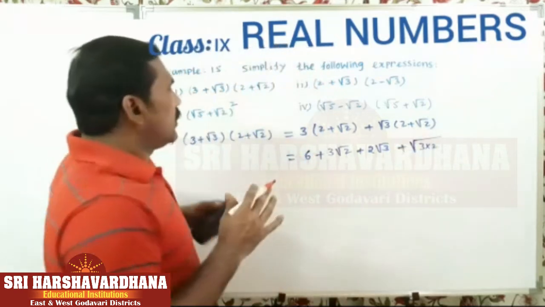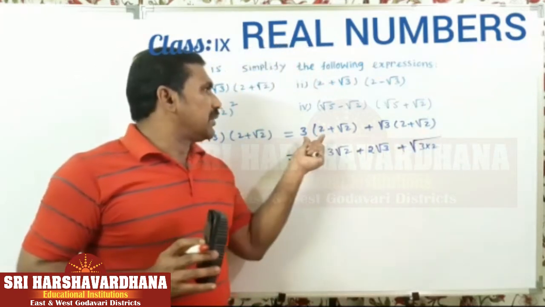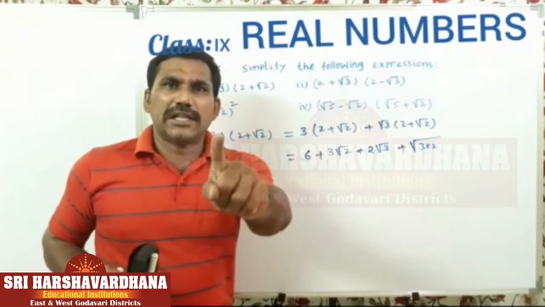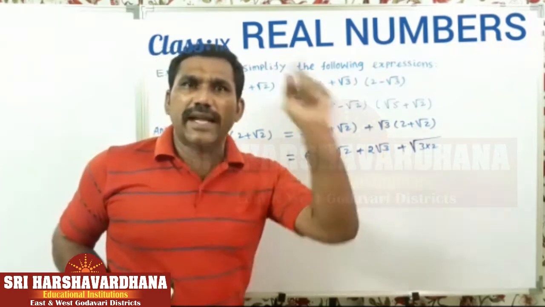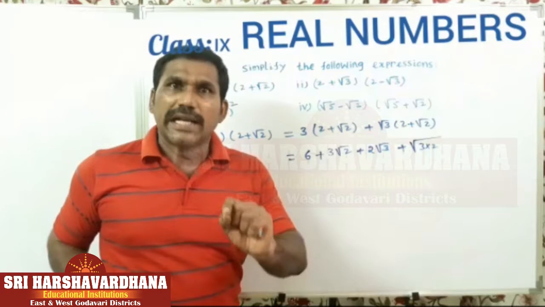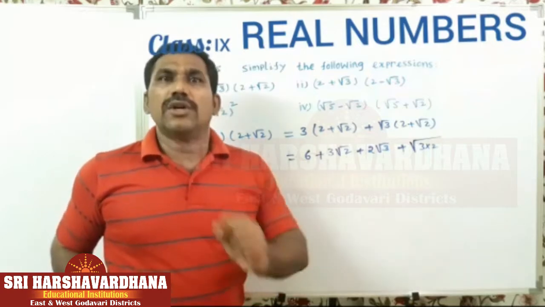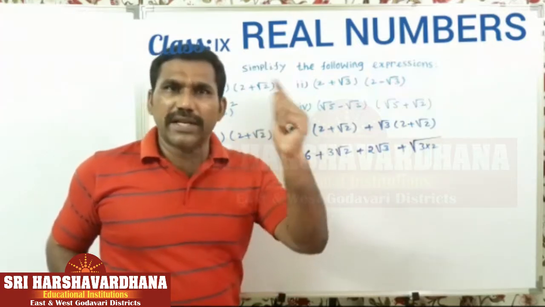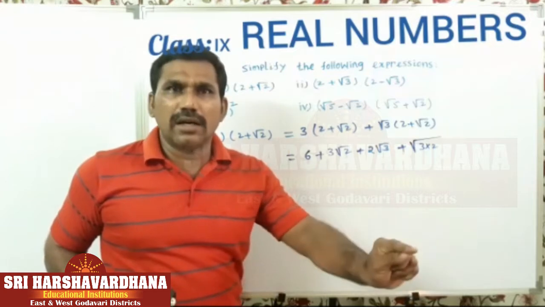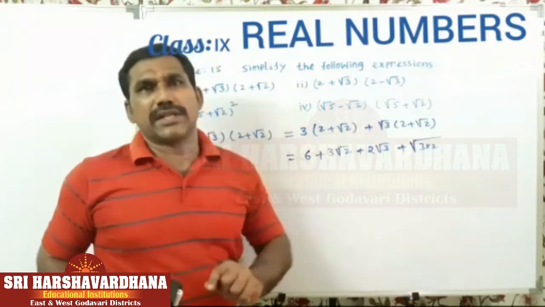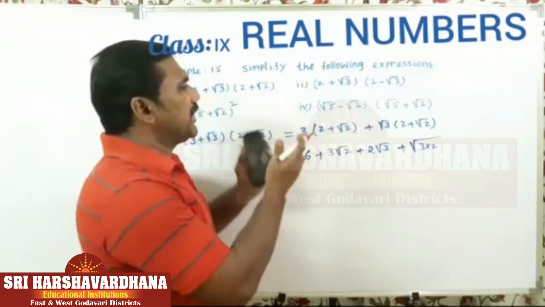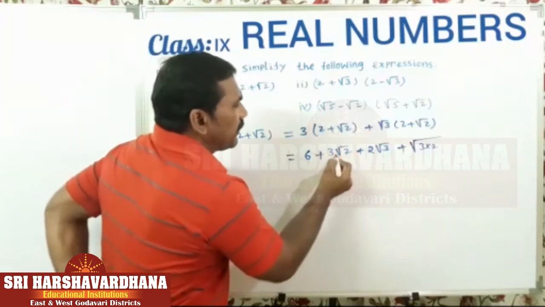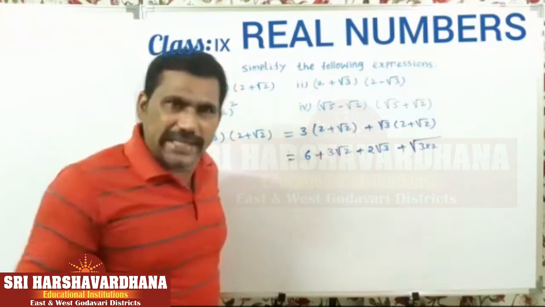Okay. So remember, always you multiply rational with rational or irrational with irrational. Don't multiply rational with irrational or irrational with rational. Simply you keep them the rational part first and irrational part next.